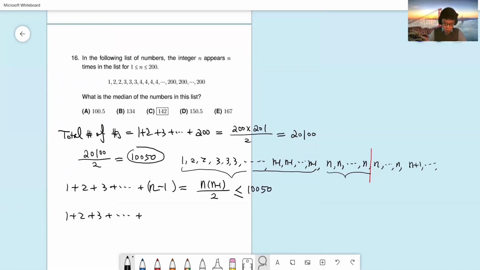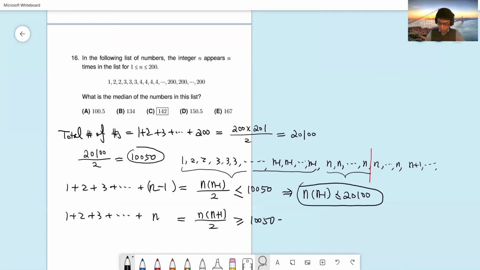That's possible. So if we add all numbers up to n, this is n times n plus 1 over 2. This should be larger or equal to 10050. So let's find the requirement for n. This is the first requirement. And the second requirement is n times n plus 1 larger or equal to 20100. Let's find such n.